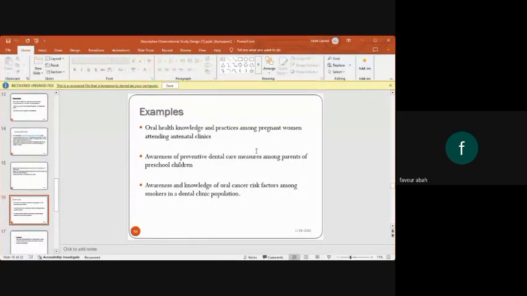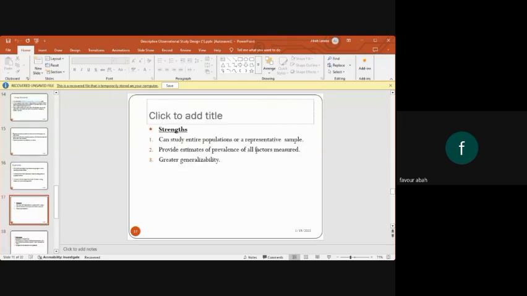In a cross-sectional study, there's nothing like follow-up. You don't call them back to take another data. As you have collected it at that time, that's the data you have. You don't say, come back in the next 3 days. You take your data once.